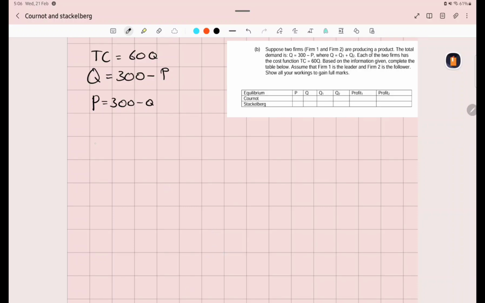Okay, so solving for Cournot first. I'll try and go through this pretty quick because we did do another video before that. Yes, I realized my mistake.